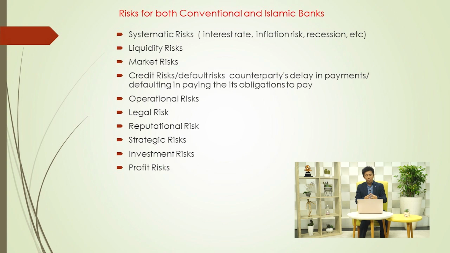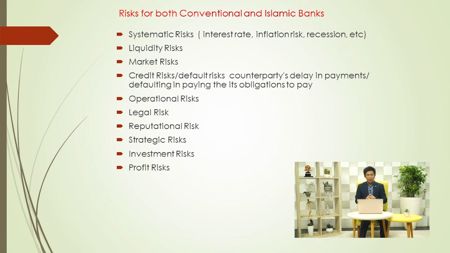When you say credit risk, this is default risk, in other words, defaulting on paying the obligations. Credit risk is when the counterparties of financial institutions like conventional banks or Islamic banks cannot pay their obligations to the banks. So that is what we call credit risk.